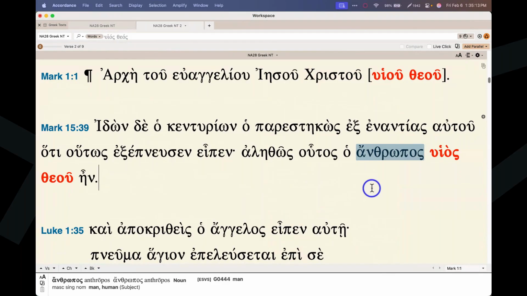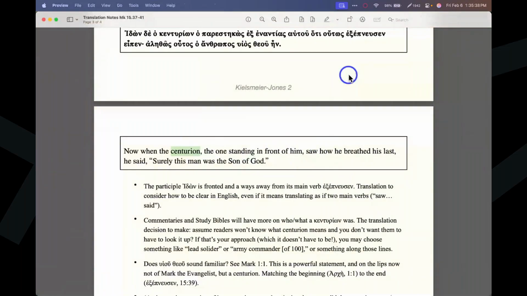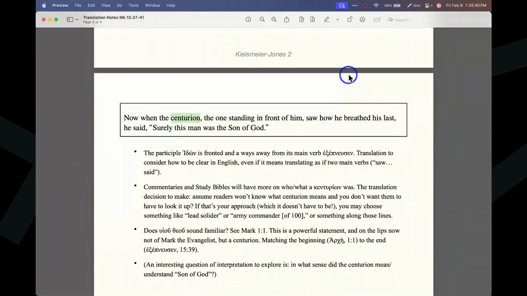This is something that you may want to consider caution in building too much of a case on, only because of huiou theou being potentially a textual variant, but it's made it into the surface text of DNA 28. So even if there's some question there, it's not in every manuscript. The editors put it there on the surface text. This, I think, serves as bookends to Mark's gospel, and I'm far from the first one to have pointed this out.